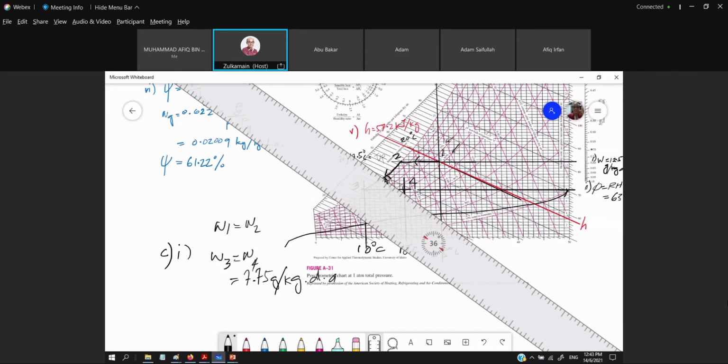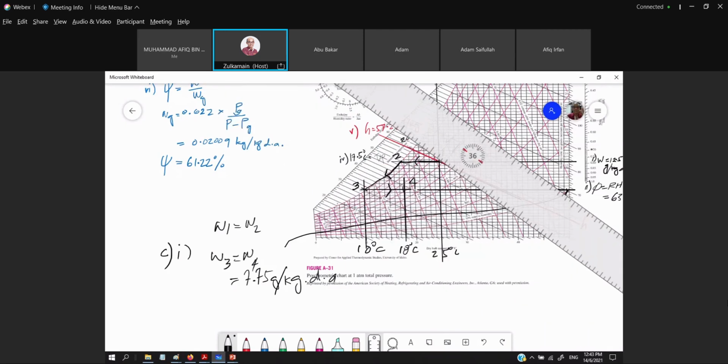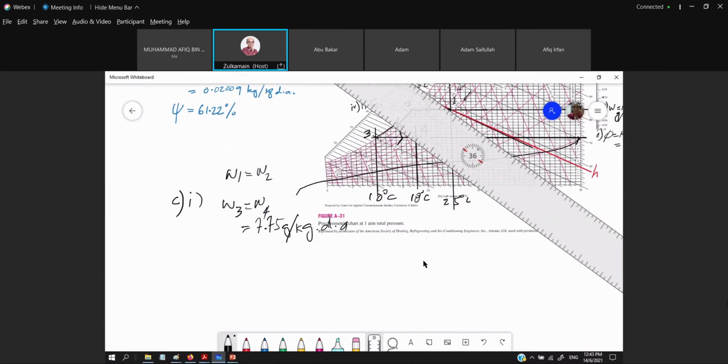Okay, so try to do it. I'm just giving you the final value that I have. So number 2, I'm going to have the wet bulb of state 4, which is equal to 13.5.